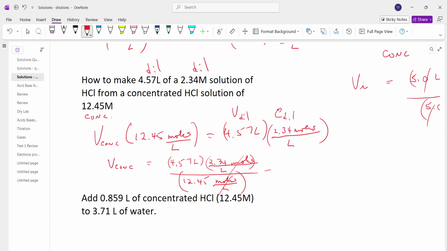And that is in liters too, not milliliters, but liters. Okay, we're looking at 3 sig figs for the answer. So that's going to be 0.859.